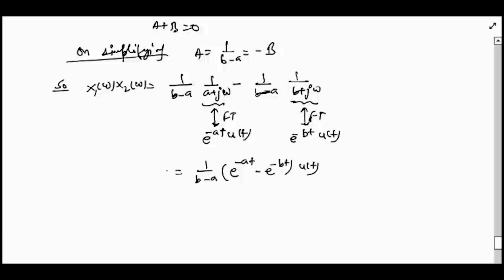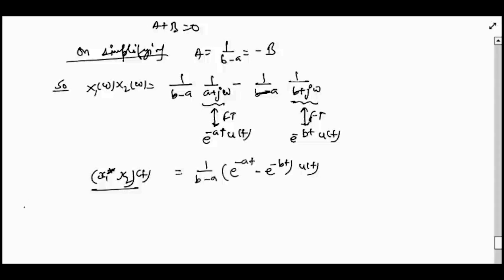From the above property, this is equal to the convolution of x1 and x2. So we see how the convolution property allows us to compute the convolution of two functions.